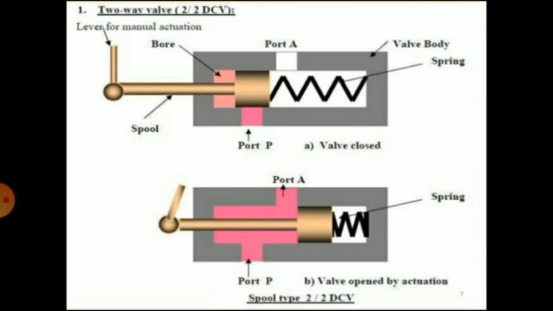So this is the closing of the valve. Then at the bottom you can see the actuation. When you actuate the lever, port P, that is from the pump, is connected to port A. That is the actuation of the valve. So it is a spring return.